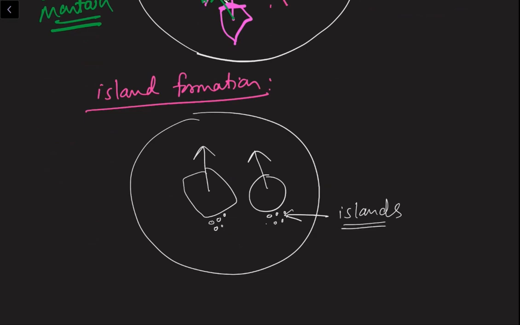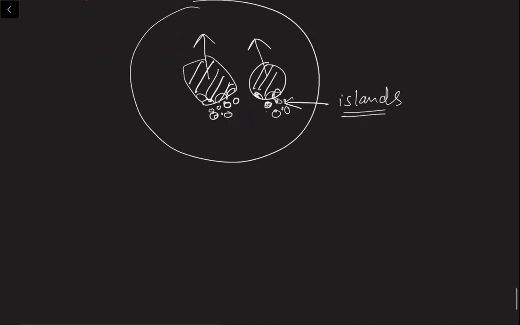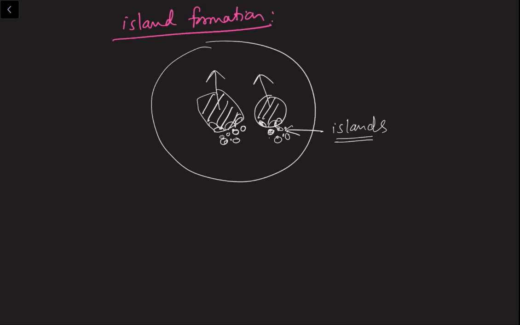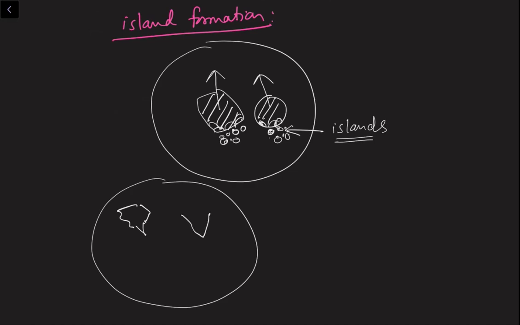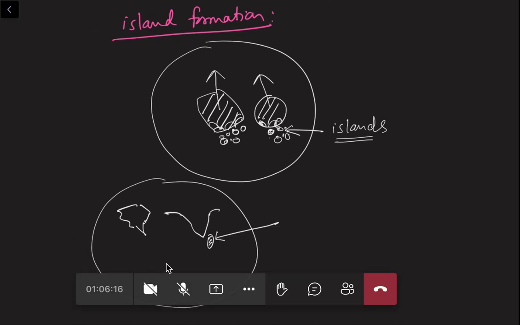He said that when these big continents were moving in the northwestward direction, some broken rocks of this continent remained backward. They were left back, and these left components are nothing but islands. So let us see where these islands are. If you see the map, we have India here, and here we have Sri Lanka.